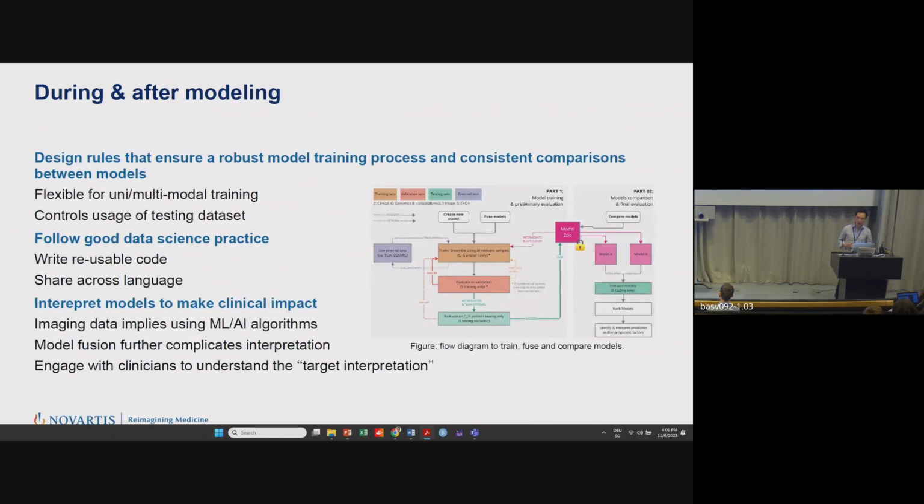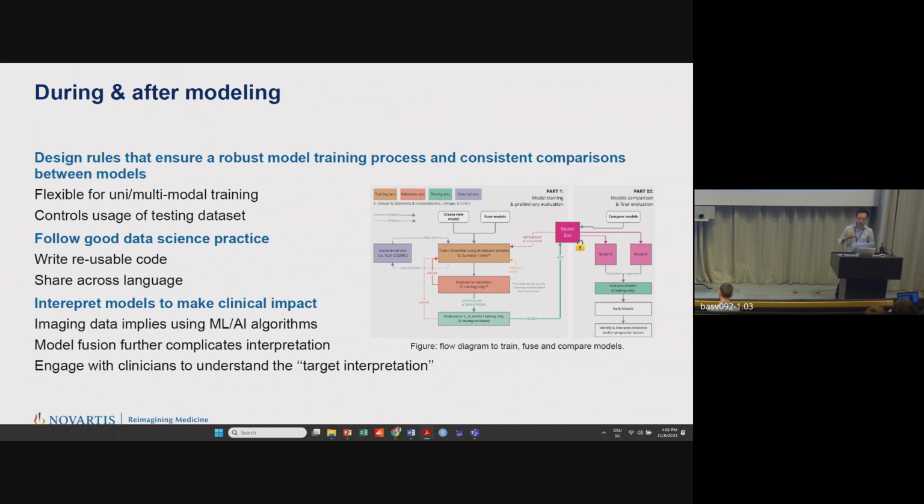After establishing the data usage, we also designed rules to ensure a robust model training process and a consistent comparison between different models. So on the right, we have a flow diagram that clearly documents how we would approach to train, combine, and compare the different models. Different colors depict different data sets.